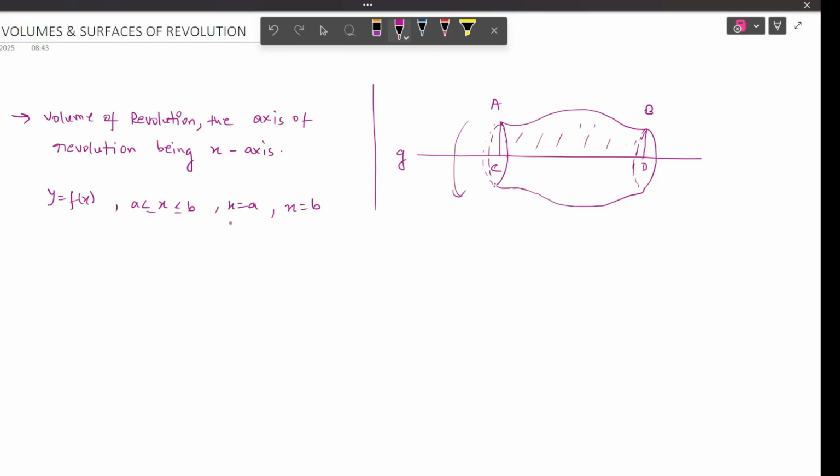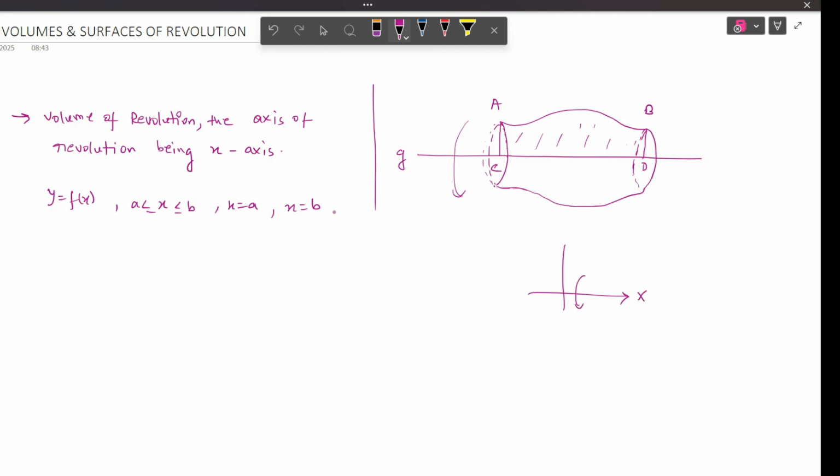be rotated about the x-axis, that is our, let us say this is our x-axis, and we have to rotate about this axis.